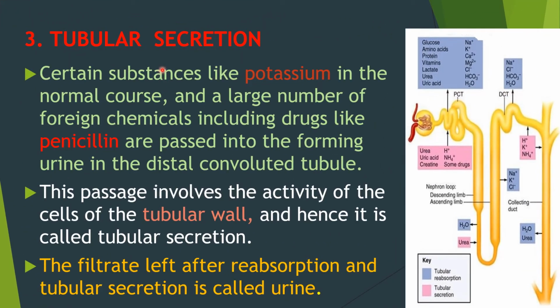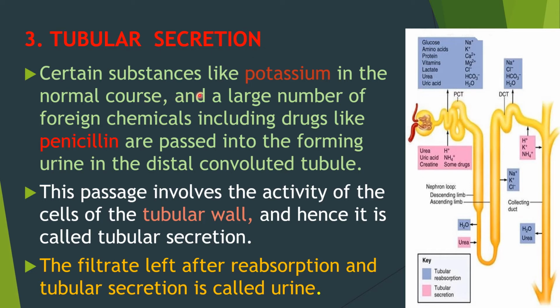The last step of urine production is tubular secretion. The first step is ultrafiltration, then reabsorption, and the third one, tubular secretion.